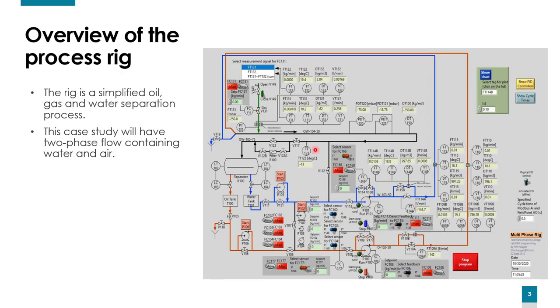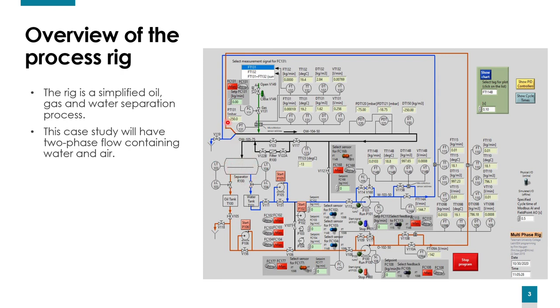So you can see here an HMI that some teacher or student has taken a picture of. It's more or less like a P&ID. The process here is just like a simplified separation process on an oil rig, where multi-phase flow comes up from a production well and enters a separator.